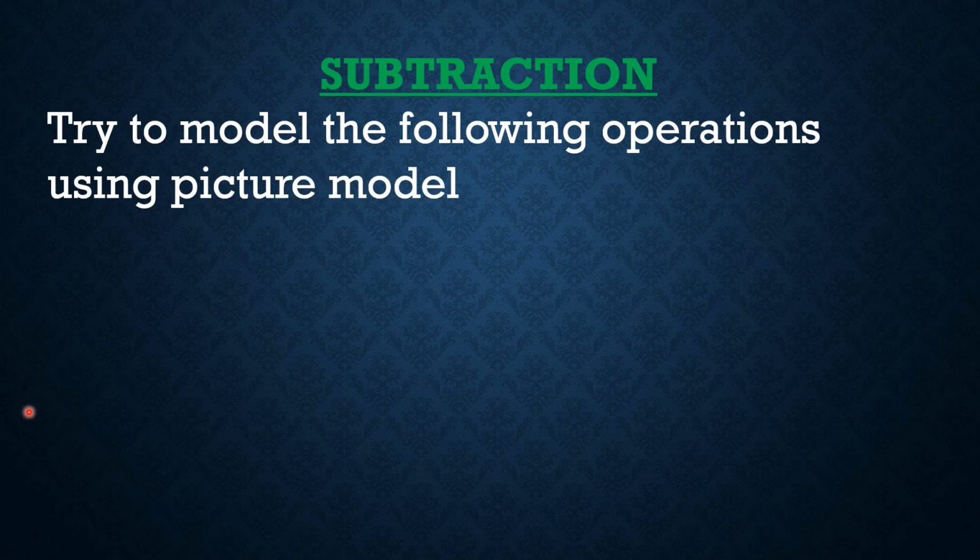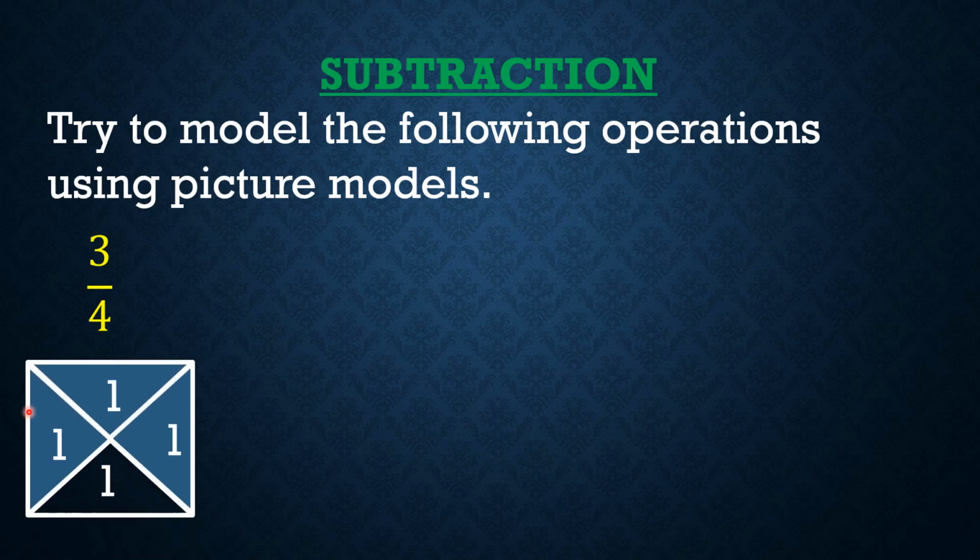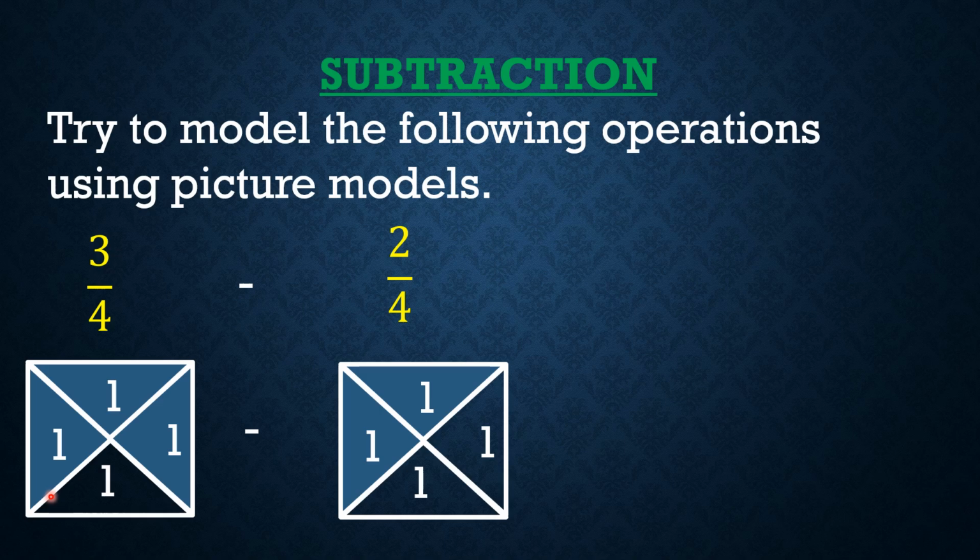Now, the question is like this. If I have 3 over 4, which is 3 parts taken from 4 parts, then I take away 2 over 4, which is 2 parts taken from 4 parts.